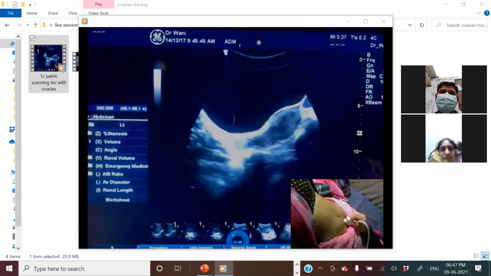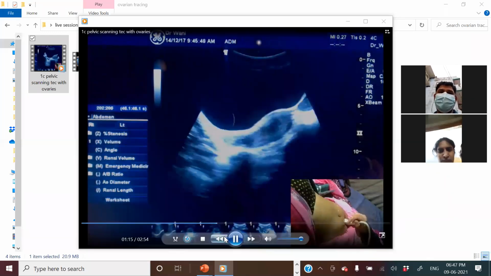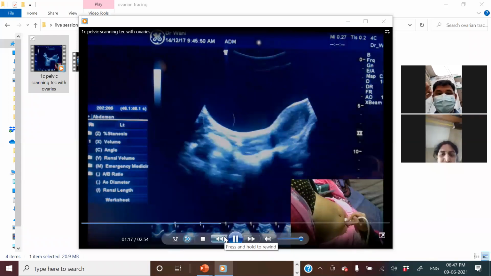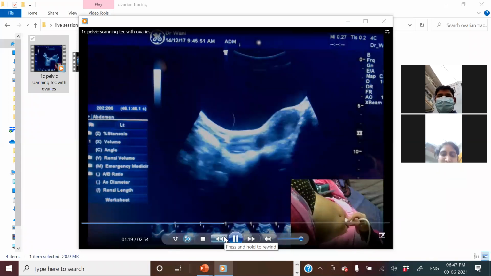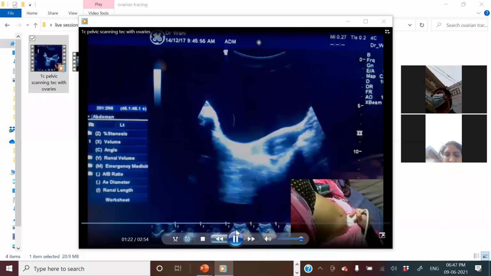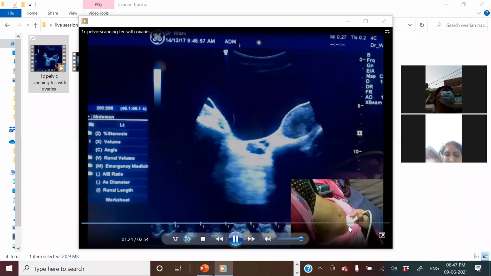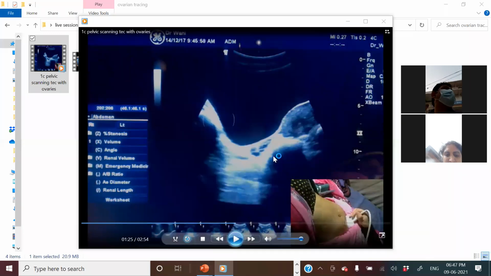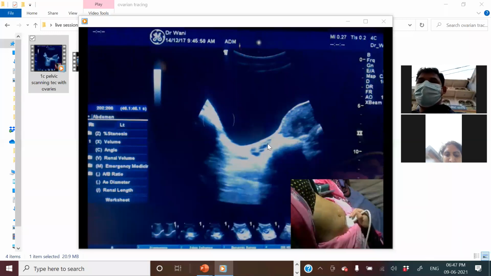So this is the basic scanning technique of the uterus, long section and transverse section, which we discuss in great detail in our courses. Now let me pause here. Yeah, this is the ovary. Now pay attention. This is the right ovary. Why is this very clear?